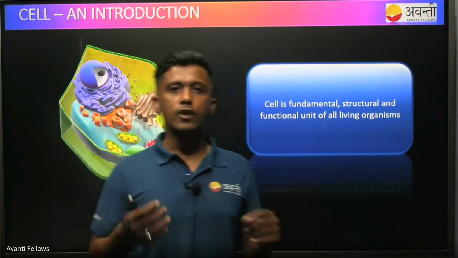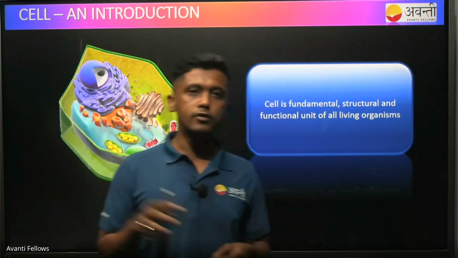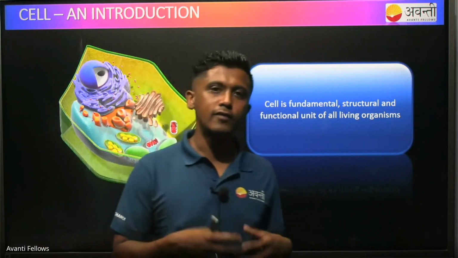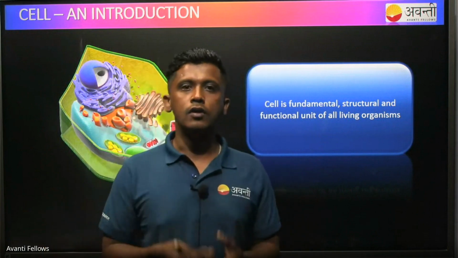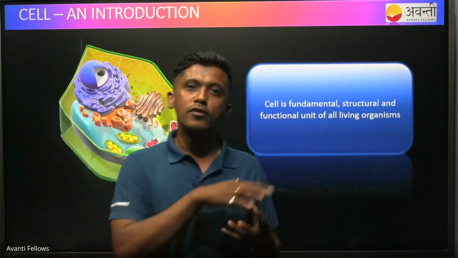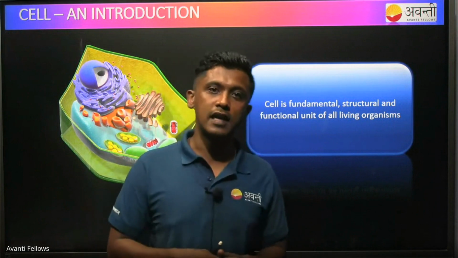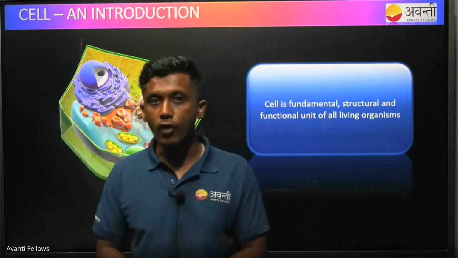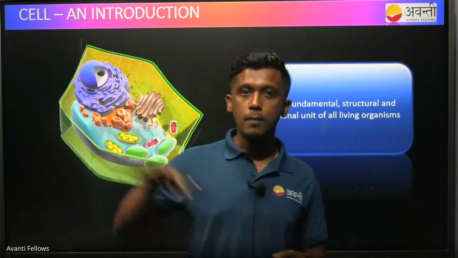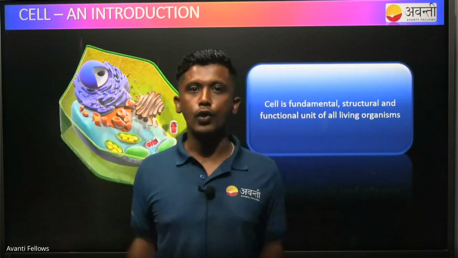It does so many different functions. To accomplish all these functions, it has to perform some physiology. So a study of a cell is more about a physiological aspect of how the cell behaves and how the cell is able to perform all this activity to accomplish all this that we see in our living world.